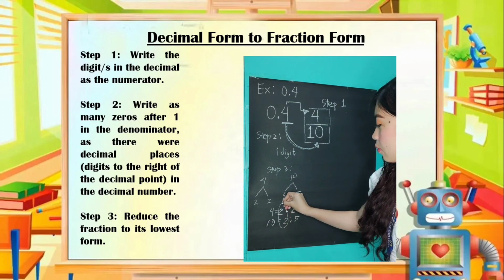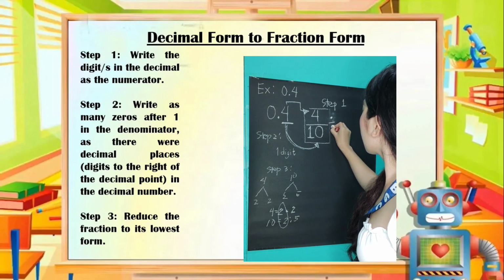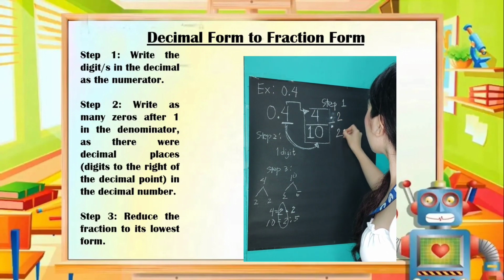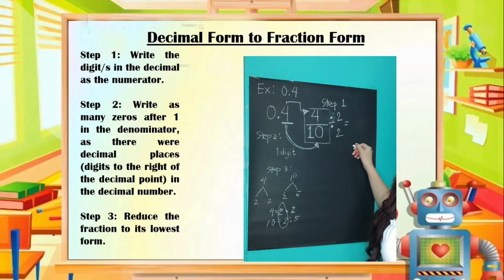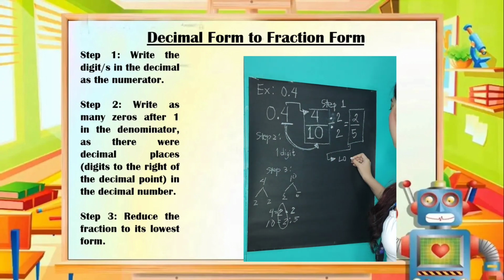So 2 is our GCF, and we're going to divide it to both our numerator and denominator. So 4 divided by 2 is 2, and 10 divided by 2 is 5. Therefore, 2/5 is our lowest term, and 2/5 is the fraction form of 4 tenths.